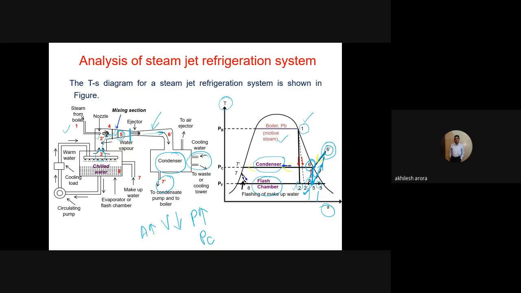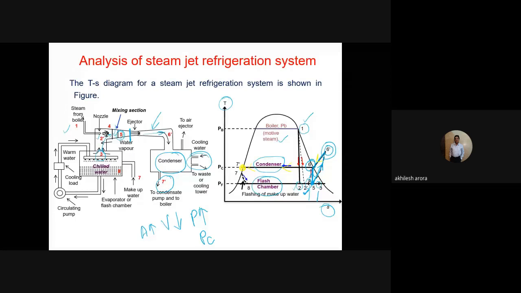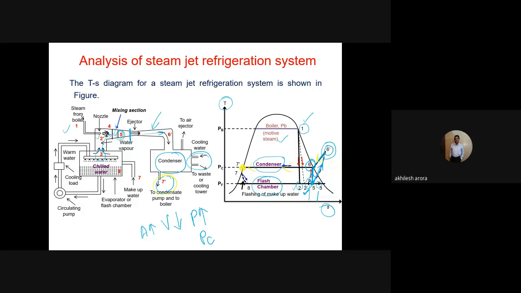Okay, it reaches here at this particular point. So this is the state point of the condensate actually. So it is saturated liquid water here, and then it is once again pumped back. So you can say it's just like the Rankine cycle here, it is pumped back to the boiler pressure. It's not shown here, but if you want you can always draw it.